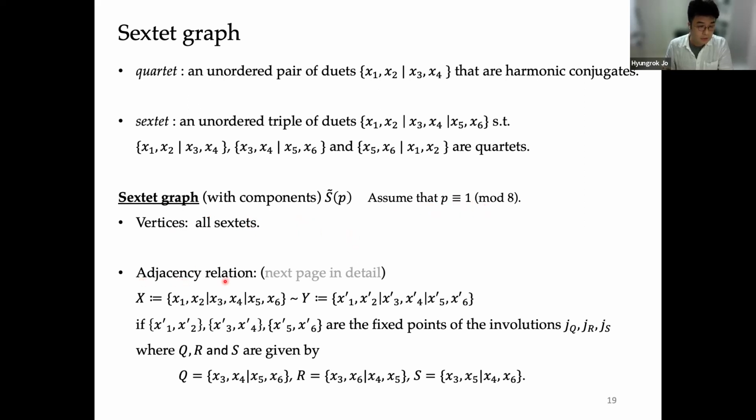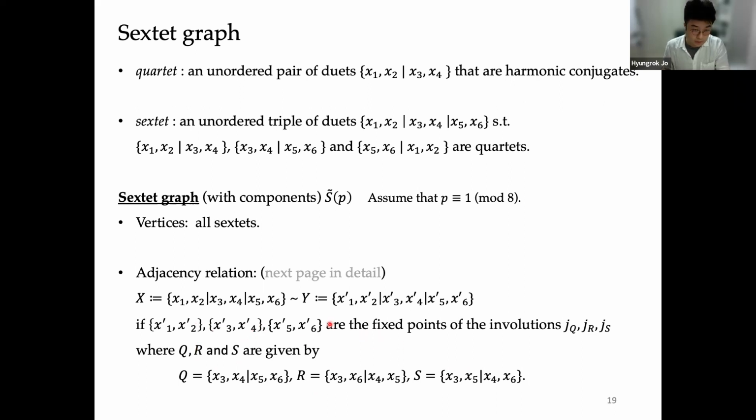And this relation is a little bit tricky. So we consider 2 sextets, X and Y, and these are adjacent if each duet in Y is a fixed point of the involution of Q, R, and S. Here Q, R, and S are all combinations of 2 duets in X, excluding the common duet.